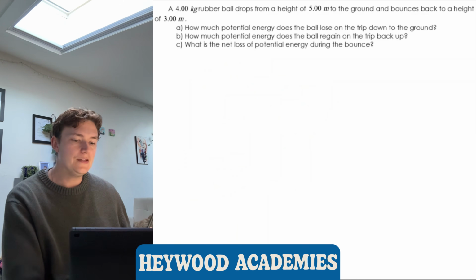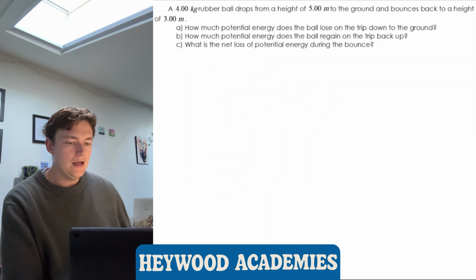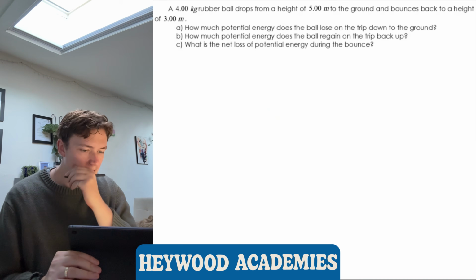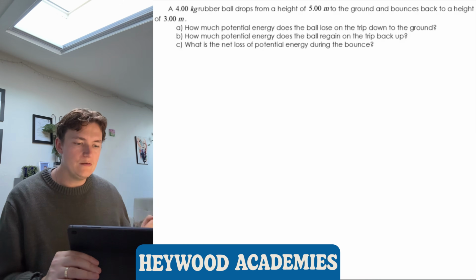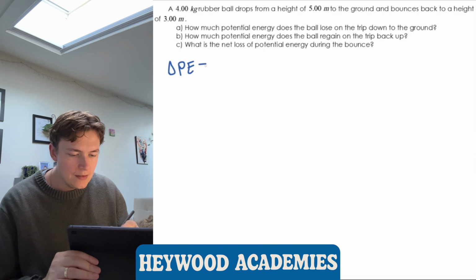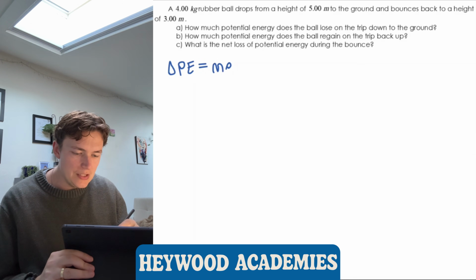Alright, we got a 4 kilogram rubber ball that drops from a height of 5 meters to the ground and bounces back to a height of 3 meters. How much potential energy does the ball lose on the trip down to the ground? Let's start with that. So we've got a ball which is going down by 5 meters. So our change in potential energy for that first part is going to be mg delta h.